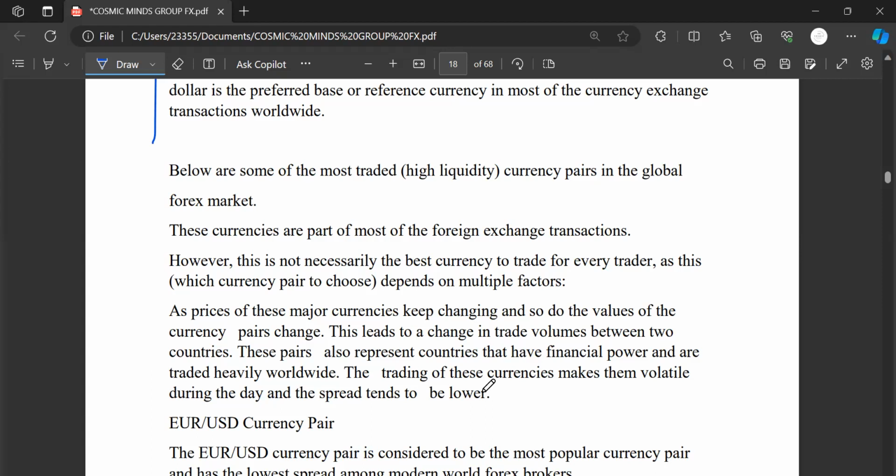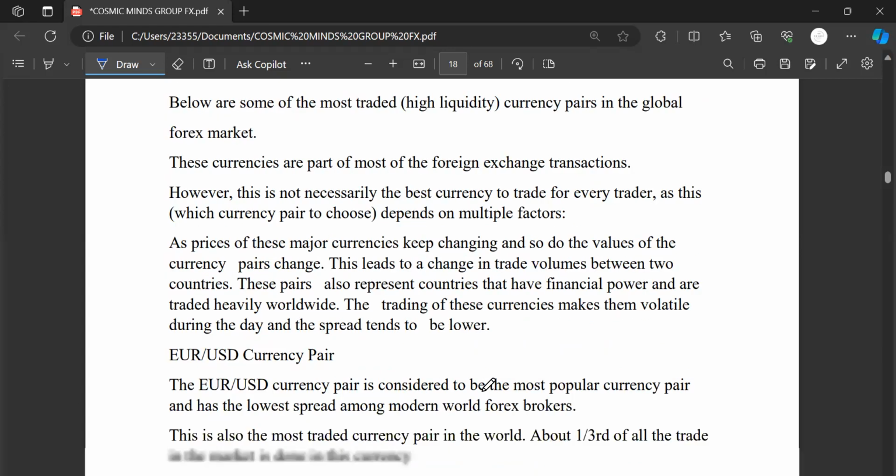Now, as prices of these major currencies keep changing, so do the values of the currency pairs. This leads to a change in trade volumes between two currencies. These pairs also represent countries that have financial power and are traded heavily worldwide. The trading of these currencies makes them volatile during the day, and the spread tends to be lower.